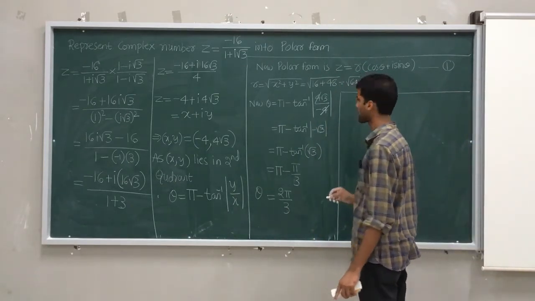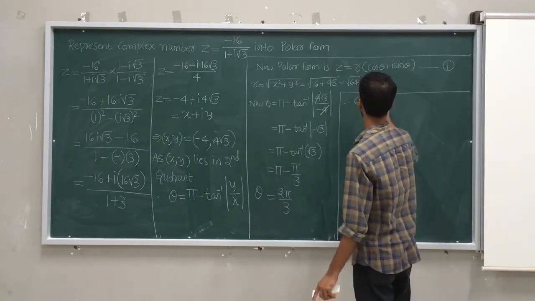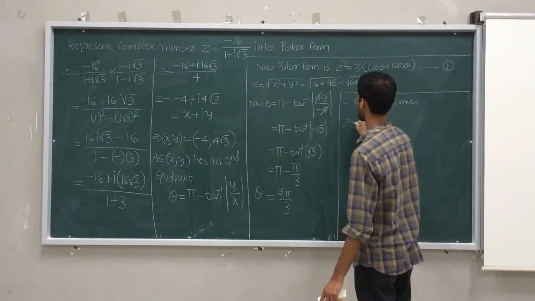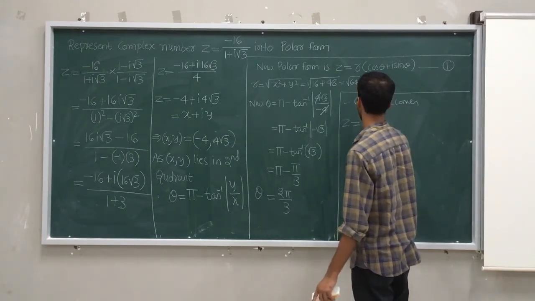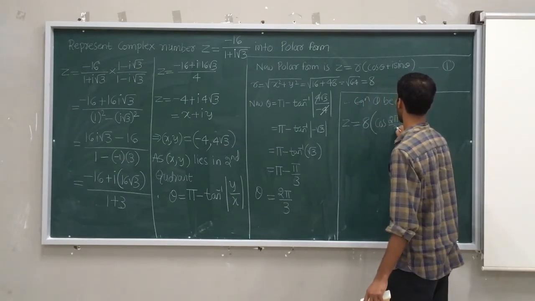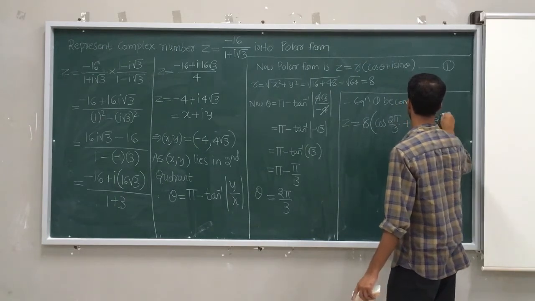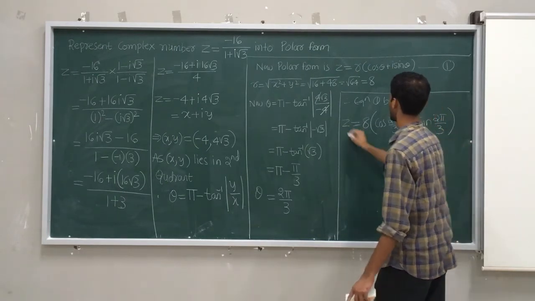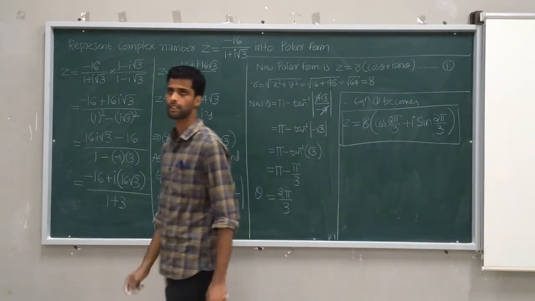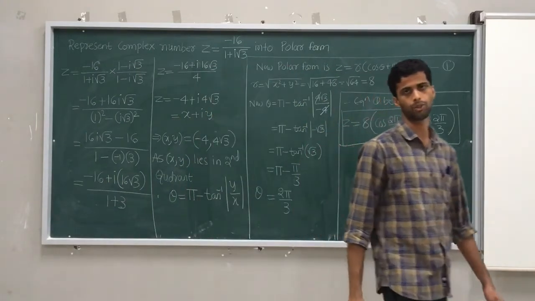Therefore, I want the polar form. Equation 1 becomes z equals r, which is 8, times cos 2 pi by 3 plus i times sin 2 pi by 3. So this is called the polar form of the given complex number minus 16 divided by 1 plus i root 3.